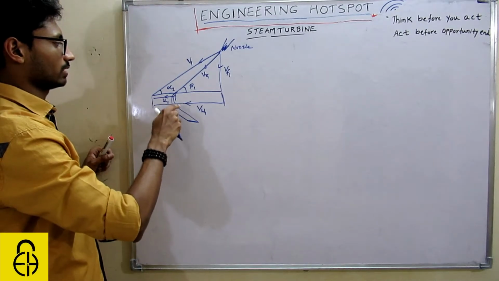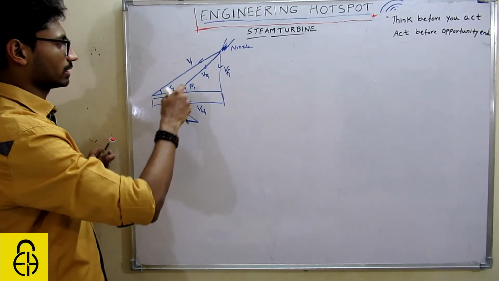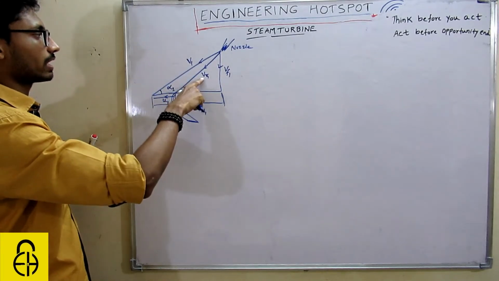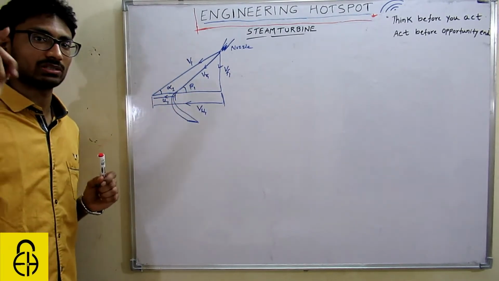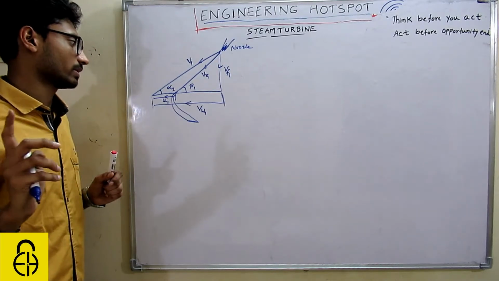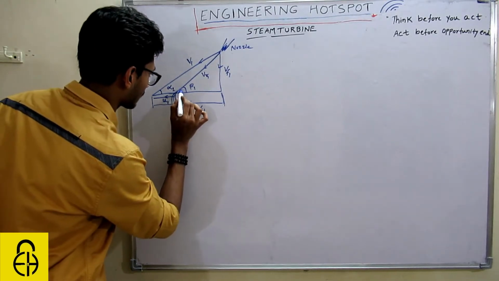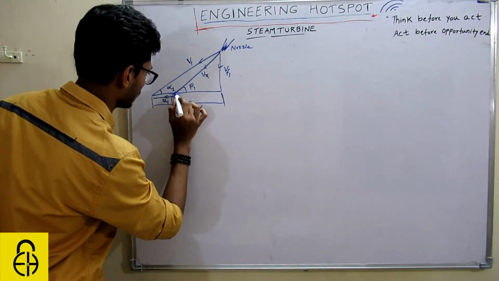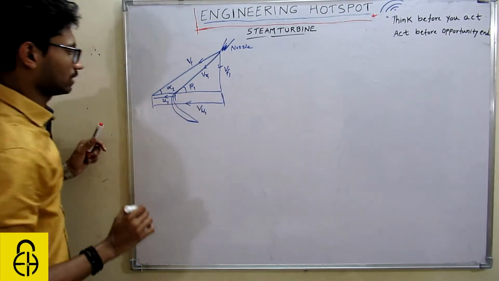This is the moving blade. When it strikes the moving blade, one thing you have to keep in mind is that this VR1 component will always be tangential to the moving blade. You can see this line VR1 is tangential to this moving blade profile.